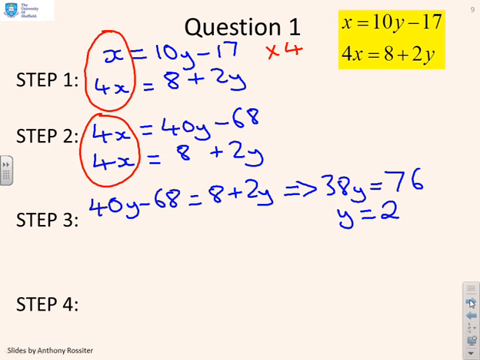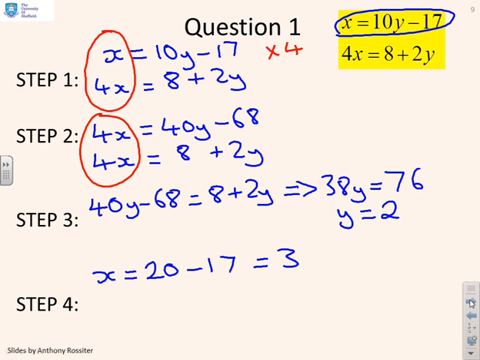Okay, and finally we've got to substitute those into the original equations and see does it work. So let's first of all take the top equation and solve for x. So x equals 10 times 2, which is 20, minus 17, which is 3. So our proposed solution is y equals 2, x equals 3.